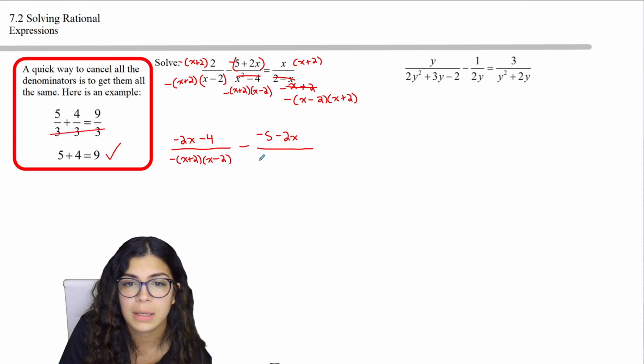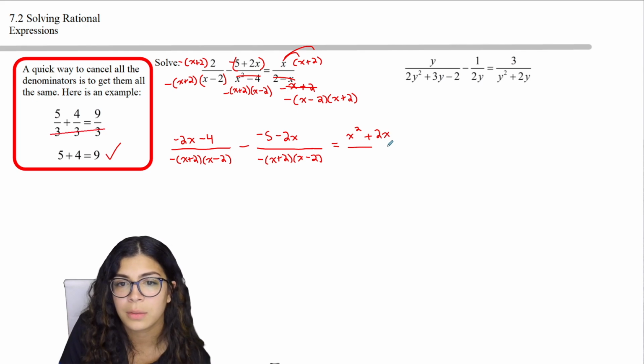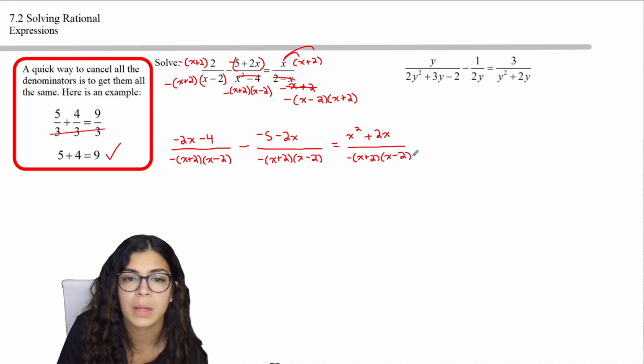The denominator is negative x plus 2 times x minus 2. For our last fraction over here, we are multiplying x by x plus 2, so of course that would distribute to both. So we end up with x squared plus 2x. The denominator is the same, negative x plus 2 times x minus 2.